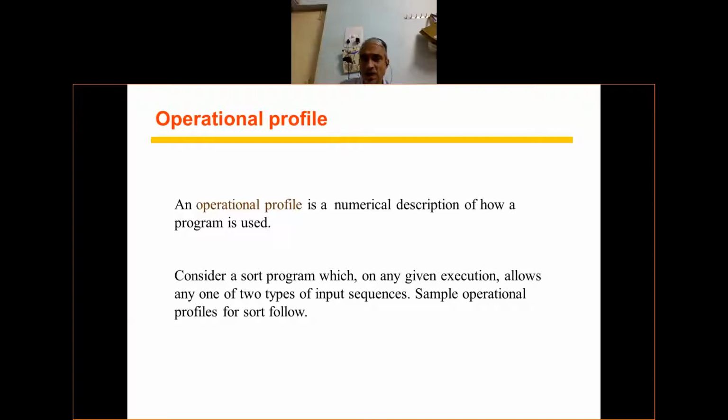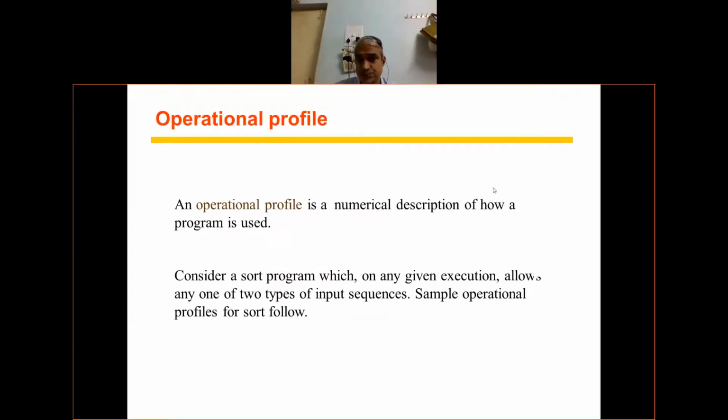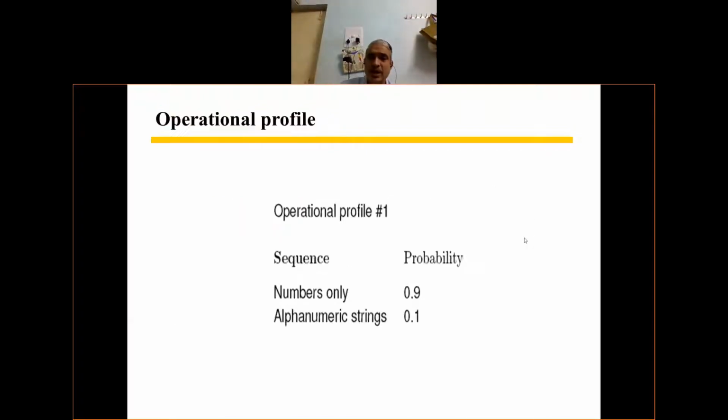Now you are looking at the sort program, which on any given execution allows any of two types of input sequence: numbers or alphanumeric string sorting. The operational profile speaks about the numerical description of how a program is being used. Now look at that: 0.9 probability that numbers only and 0.1 probability alphanumeric string.